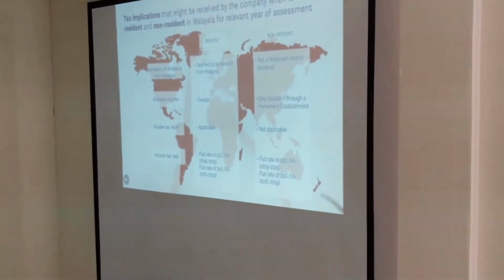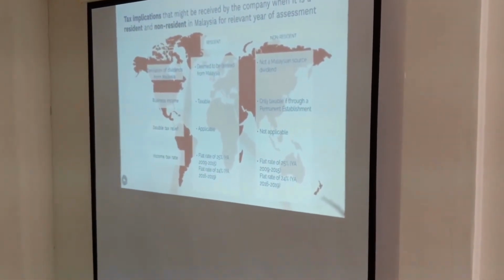PIA stands for Promotion of Investments Act. The incentive for the business is available for the resident company, while for the non-resident it is not available. So that is the tax implication that might be received by a company when it is a resident or non-resident in Malaysia for the year of assessment.